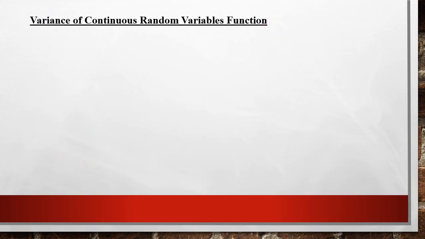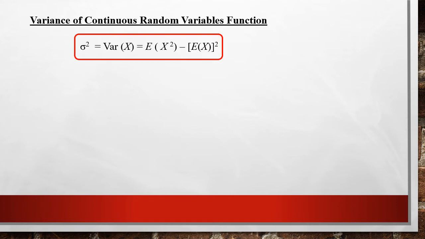Okay, now for the variance of a continuous random variable. We know the variance is sigma squared, from the data description. And we also know that for the discrete random variable, the variance of x is equivalent to the expectation of x squared, subtract the expected value squared.